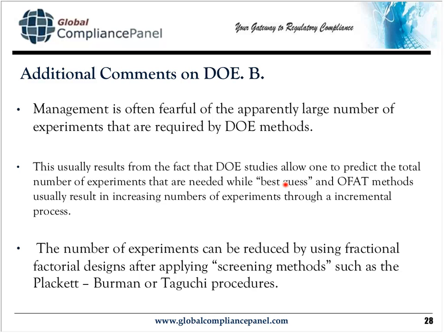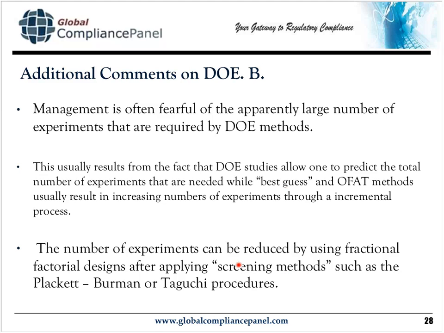The problem here is that it has been demonstrated, and it can be calculated actually, that for the same amount of information, an OFAT procedure will always require more studies than a DOE study. So remember that designed experiments minimize the number of studies you need to do. And then you can do things like using fractional factorial designs, or you can apply screening methods.